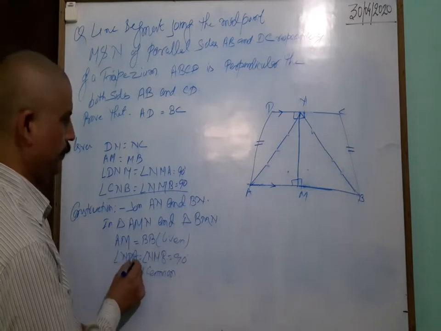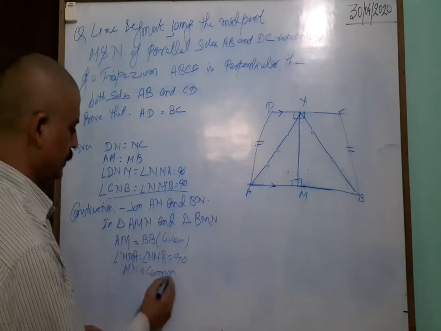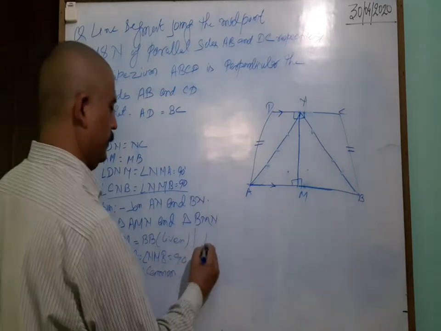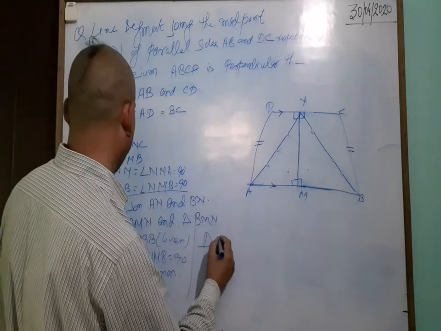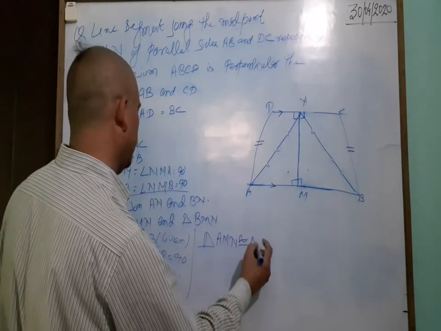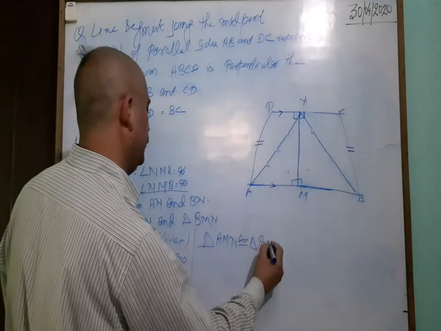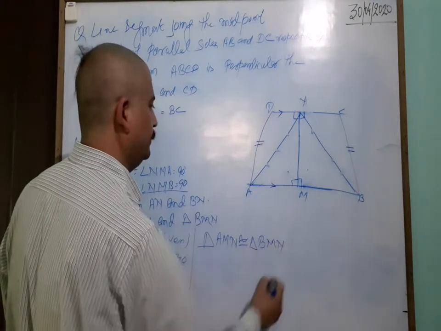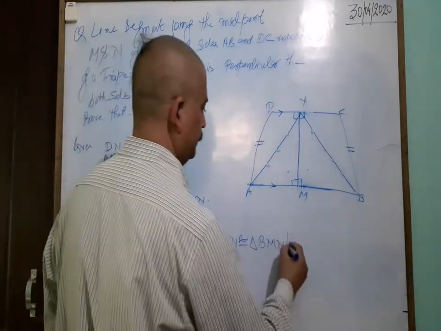So triangle AMN is congruent to triangle BMN by SAS.